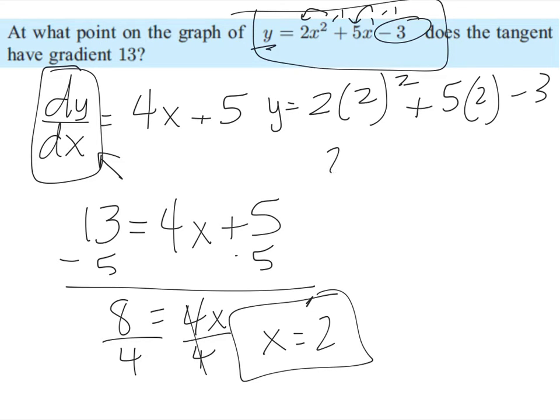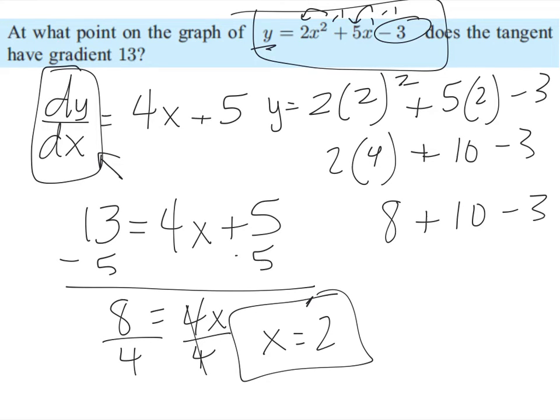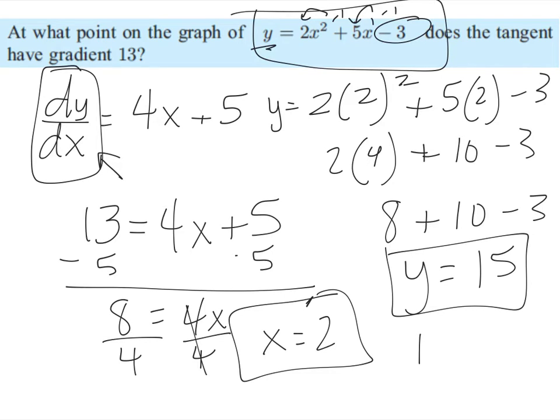So 2 squared is 4, so 2 times 4 plus 5 times 2 is 10, and then minus 3. So we get 8 plus 10 minus 3. So y is equal to 15. So the point where the gradient is 13 is (2, 15).